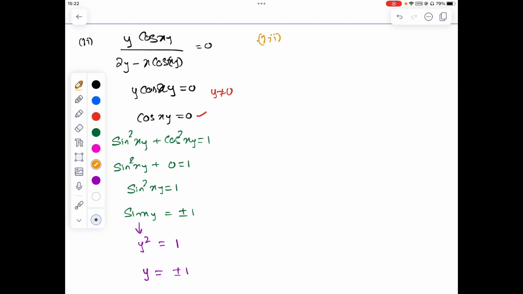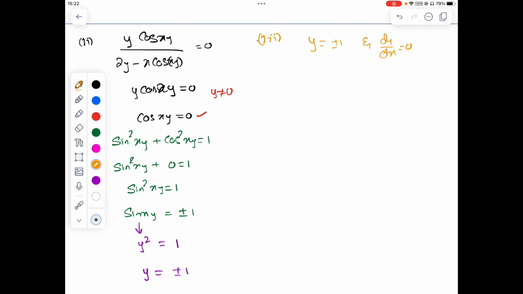Coming to the third part. In the third part, what is he asking? Find the coordinates when dy by dx equals 0 and x is between 0 and 4 pi. So what should I be doing? We know that y equals plus or minus 1, and also we know that dy by dx equals 0.